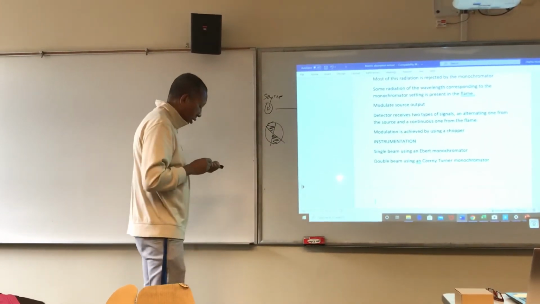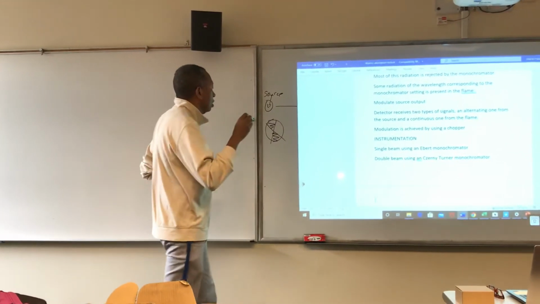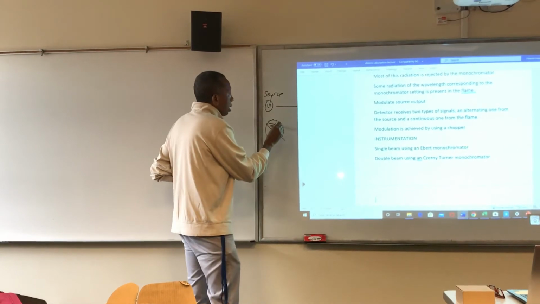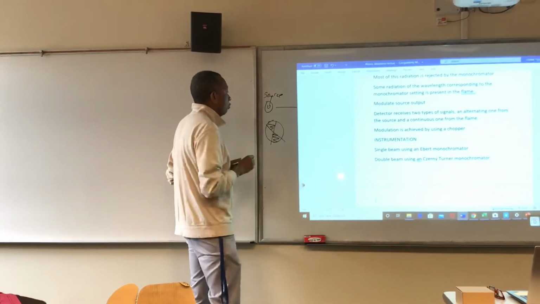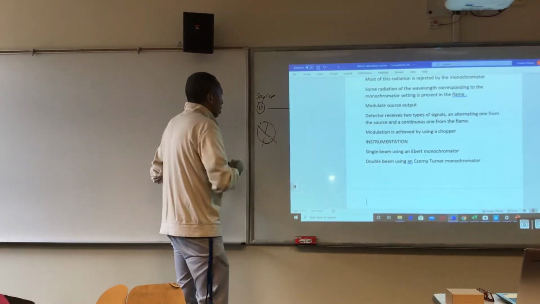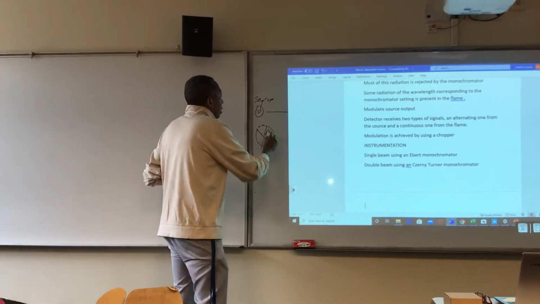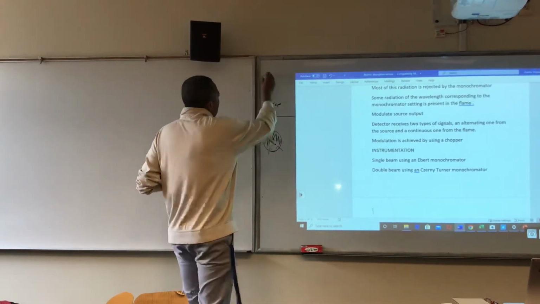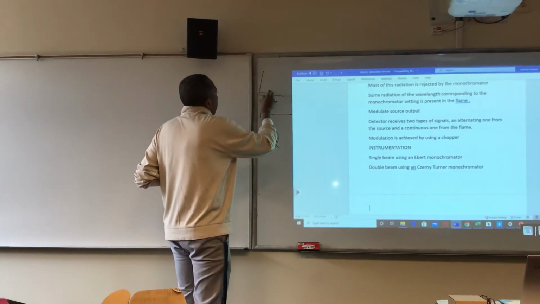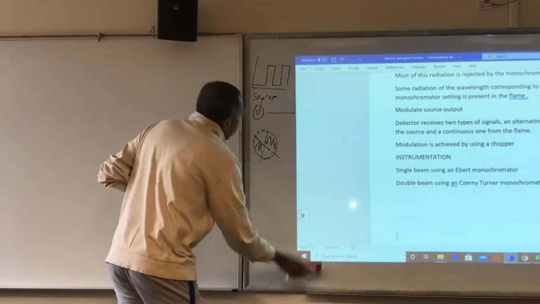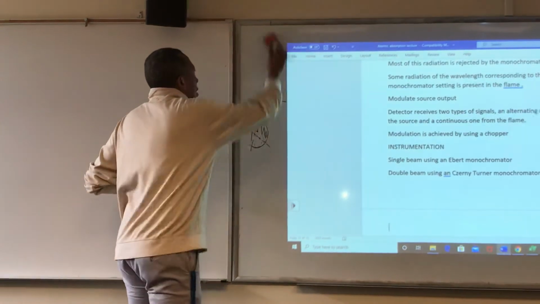When the radiation comes from the source, this is spinning. At one point in time it's going to go here and pass right through. Another point in time, this is going to be over here, blocking light, so it's going to see nothing. So it's going to see nothing, then something, nothing, then something. And we can make it so that that looks something like that.